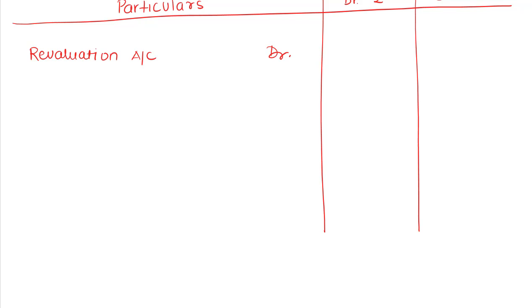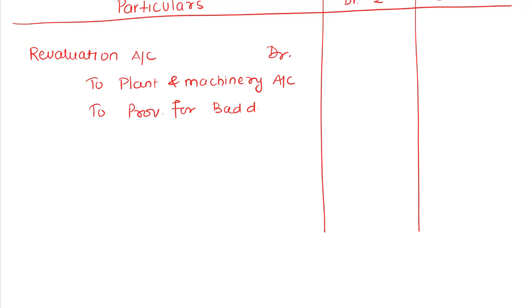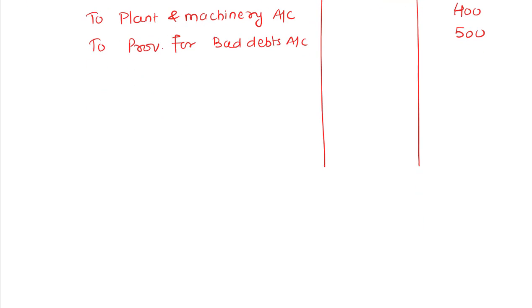Revaluation account debit, to plant and machinery account, to provision for bad debts account. Plant and machinery it is 400 and provision it is 500. Revaluation 900 debit.